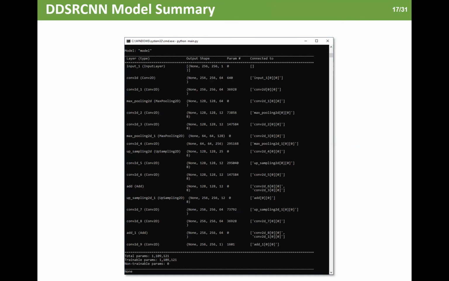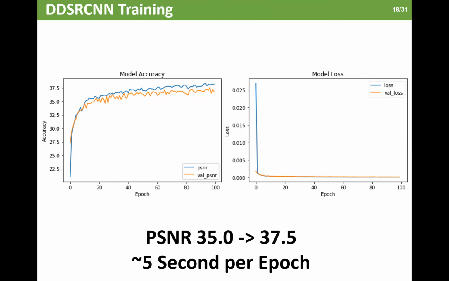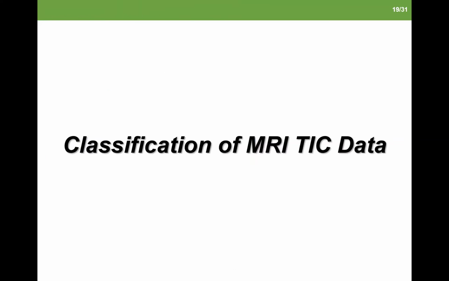Now we have over 1 million parameters, so it's a little more heavy. And we get something like this. We've improved to 37 PSNR. But now it takes about 5 times as long to train. Still not bad.